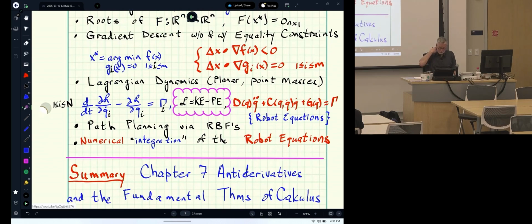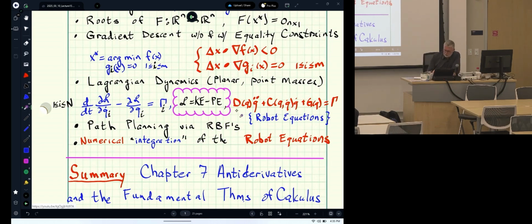We looked at an application of gradient descent to path planning using radial basis functions. Once again, made contact with Rob 101. And then as a very last thing, we noted that we could numerically integrate the robot equations.